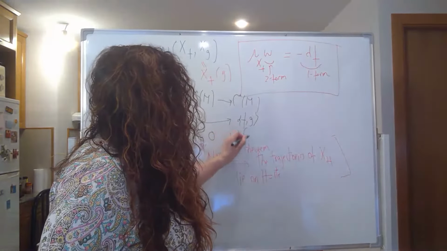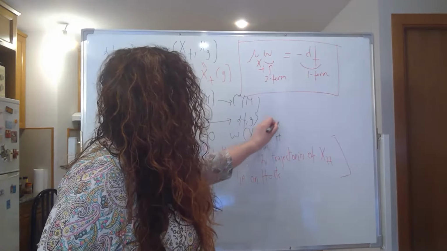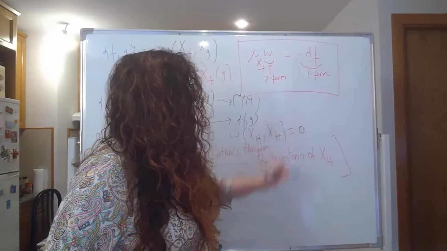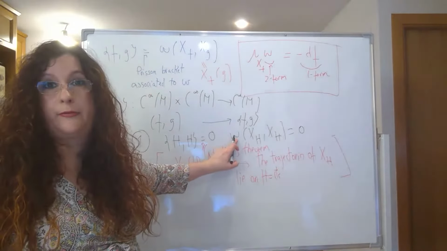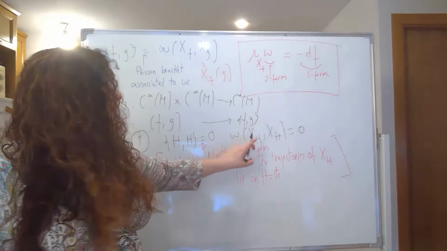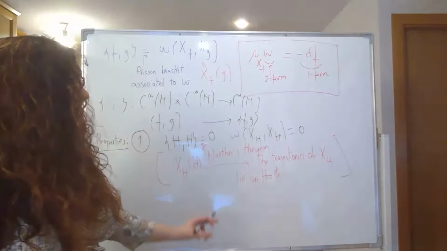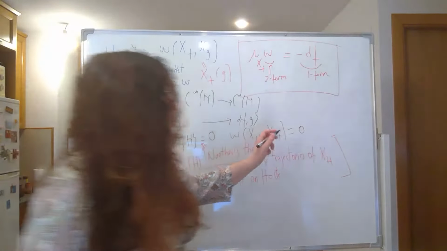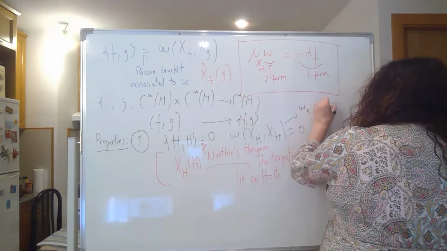This is omega applied to XH and XH equal to 0. So it's a tautology because omega is a skew symmetric form. Therefore, when I apply it to two vector fields that are the same, it's going to be 0. Okay? Omega at a point is skew symmetric.